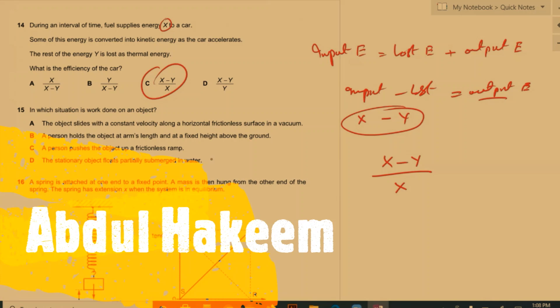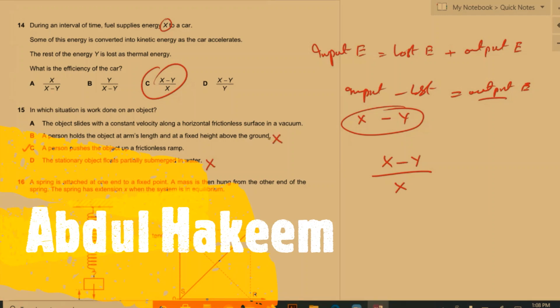Look, the stationary object, no distance covered, no work done. A person pushes the object up the frictionless ramp. So yes, the force is exerted in the direction of the distance covered. Yes, work is done. A person holds the object at arm's length and at a fixed height above the ground, no distance covered, no work done.